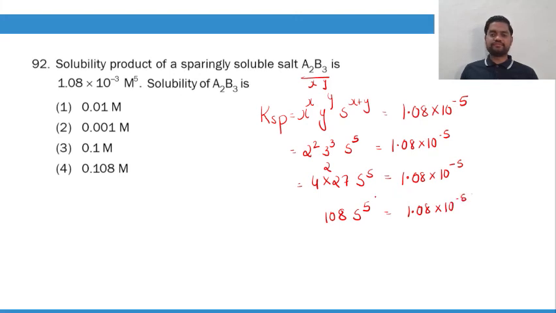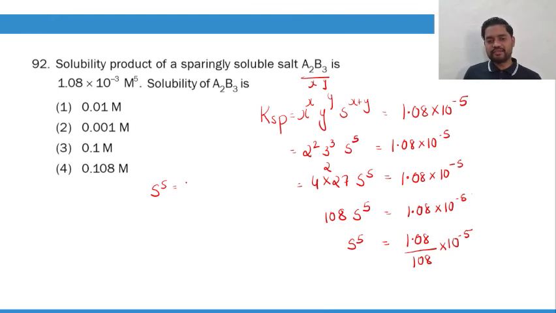So s raised to 5 is equal to 1.08 into 10 raised to minus 5, divided by 108. That is 108 into 10 raised to minus 2 into 10 raised to minus 5, whole divided by 108, so this gets cancelled. Now let us take the fifth root of s raised to 5.